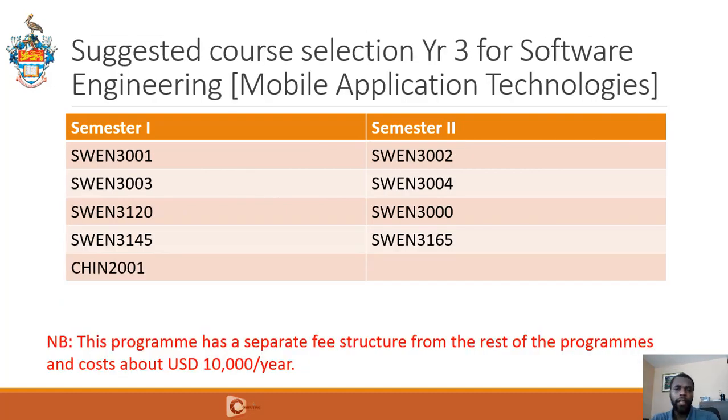Now, recall that we also have the Software Engineering Mobile Application Technologies program, which is 4 years. So at the 3rd year, we will expect in the first semester, you're going to take SWEN 3001, SWEN 3003, SWEN 3120, SWEN 3145, CHIN 2001, SWEN, and then the second semester you take SWEN 3002, SWEN 3004, SWEN 3000, SWEN 3165.